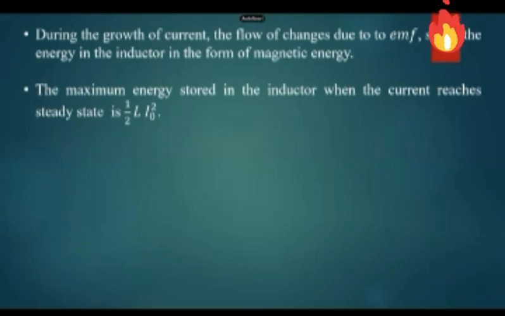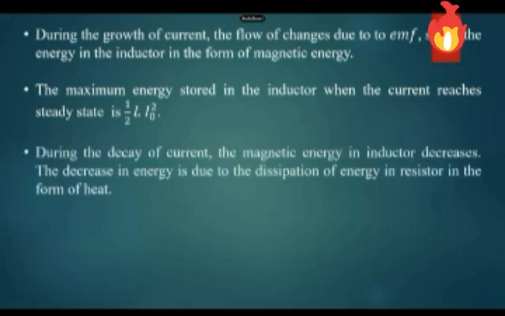When the decay of current takes place, when the battery is suddenly disconnected, the magnetic energy in the inductor starts to decrease. The decrease in energy is due to the dissipation of energy in the resistor in the form of heat. So how does the energy decrease? The magnetic energy stored in the inductor is converted into heat energy or radiation energy.